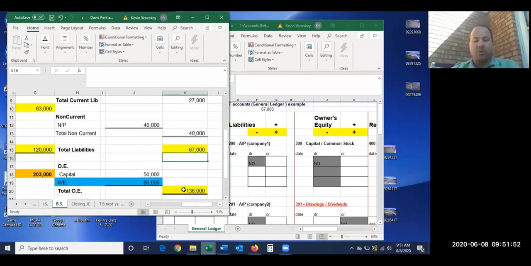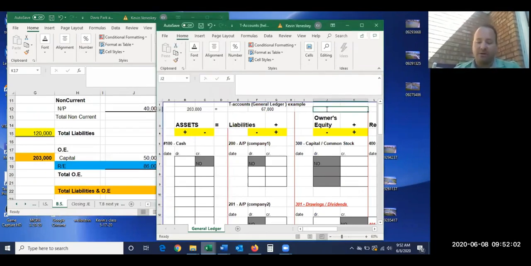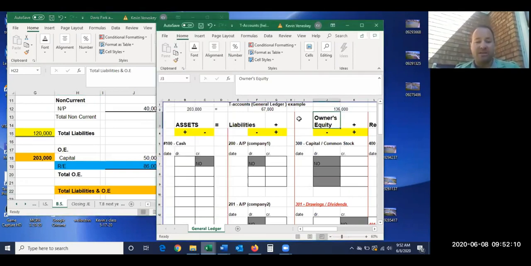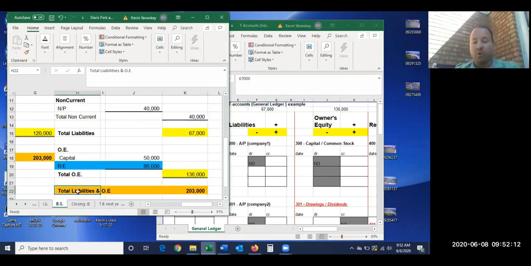Total up my owner's equity, and you get 136,000. So I put in 136,000 over here. And then what the balance sheet does is simply combines these two and says, okay, do my total liabilities and owner's equity, what do they equal?